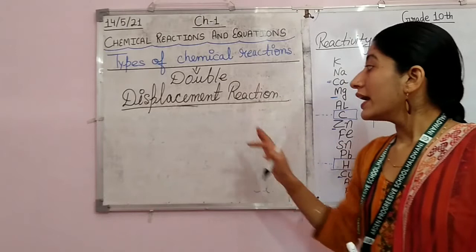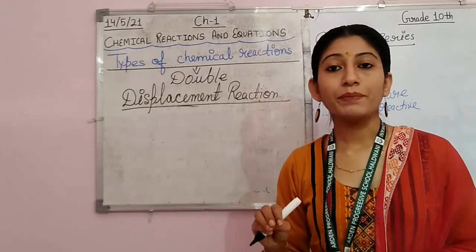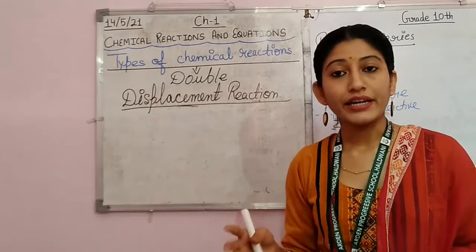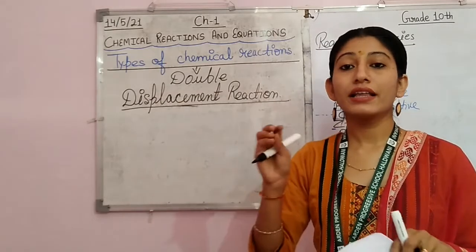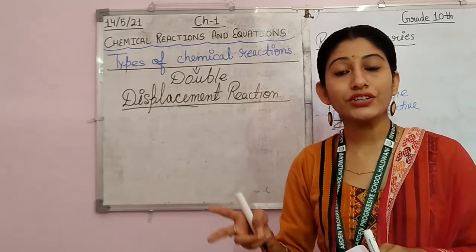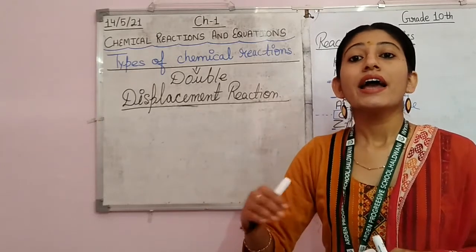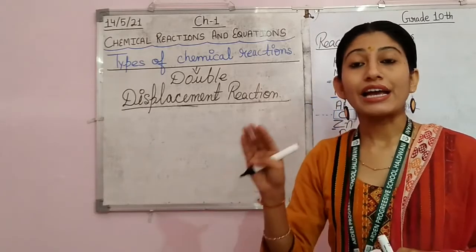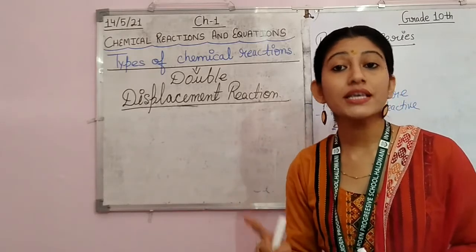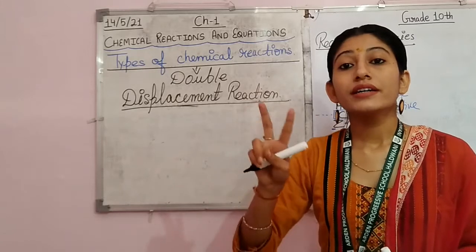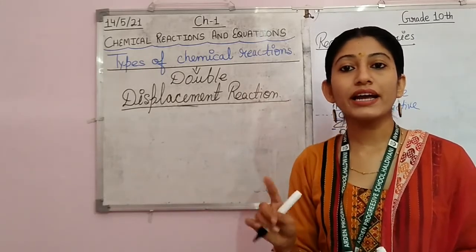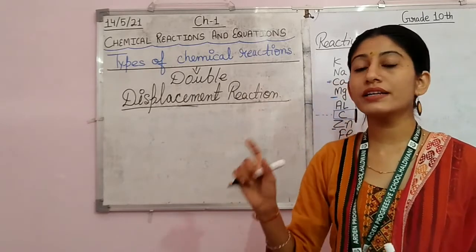See beta, in double displacement, two compounds are the reactants and they are reacting with each other and exchanging their ions mutually. Exchange of ions mutually means both the reactants are exchanging their ions together. It is not like one has exchanged and another is replaced.